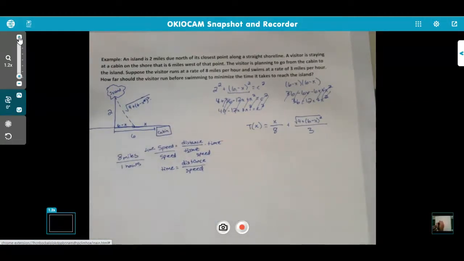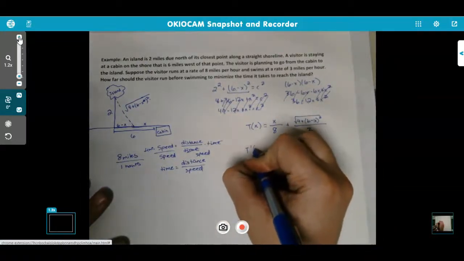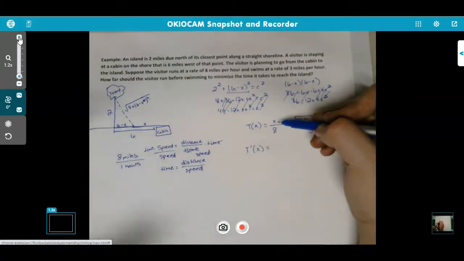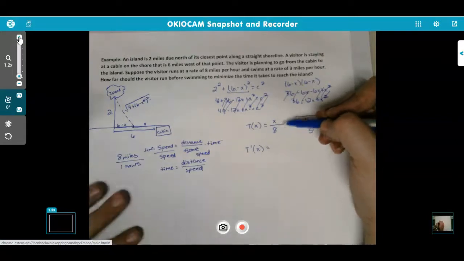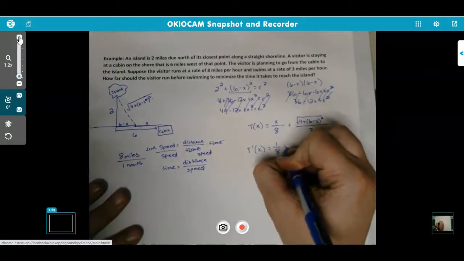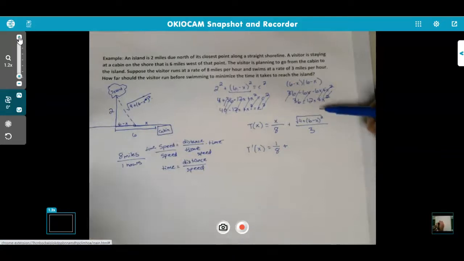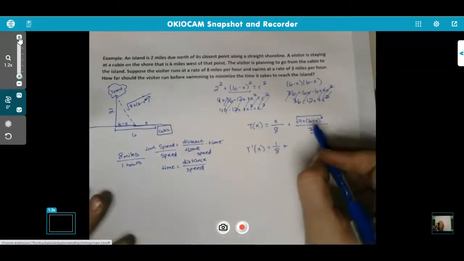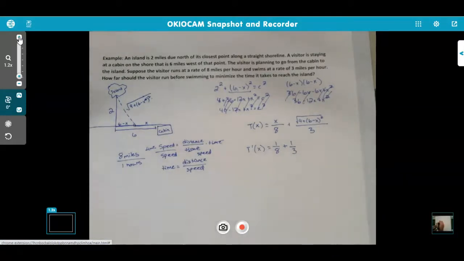To figure out how to minimize that, I need my critical points, so I do that by taking the derivative. x divided by 8 is like saying 1/8 x, so that's going to be 1/8, plus the derivative of all of this, which is a little more work but still isn't bad. First, we have a constant of 1/3, so let's leave that.